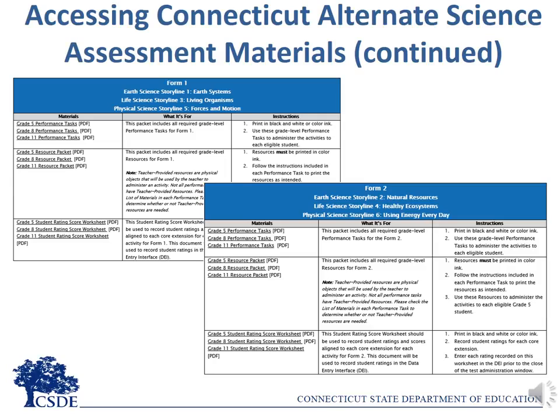Each type of material will include information regarding what the material is needed for and instructions for how the materials should be prepared. Materials are specific to each form and include performance tasks for each grade, 5, 8, and 11, grade-specific required resource packets, and student rating score worksheets.